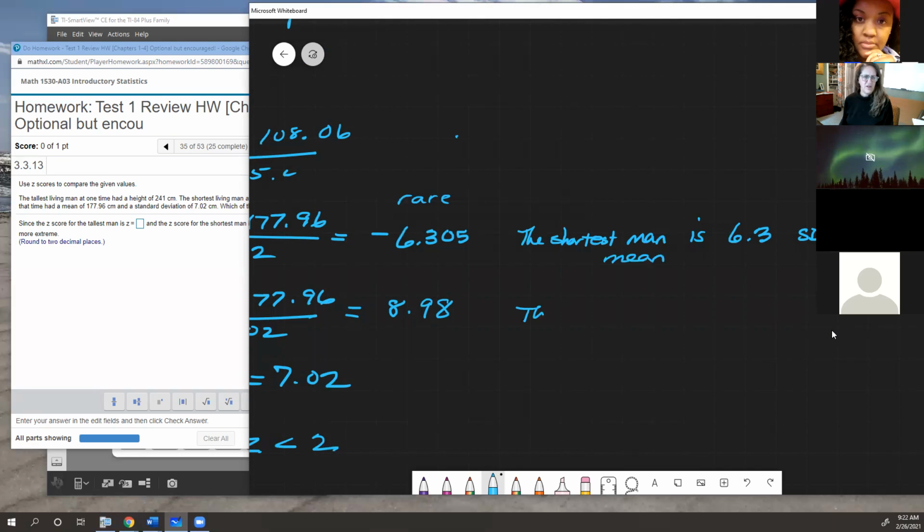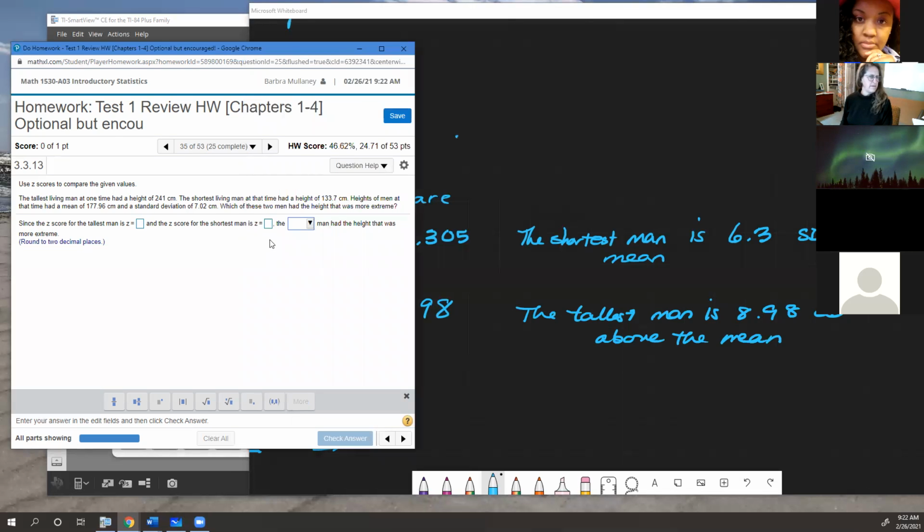And the tallest man is 8.98 standard deviations above the mean. Okay, and that's really showing you how the one is more extreme than the other. Because when you say it this way, we're talking about how far away they are from the mean, so we're not even using the negative anymore.